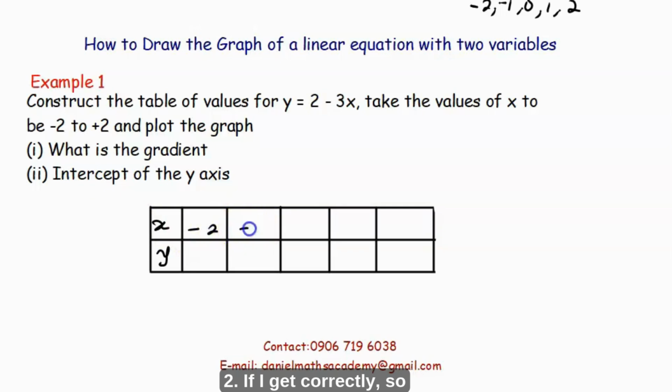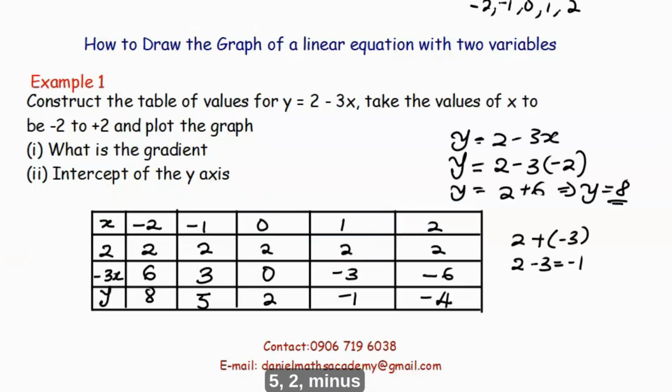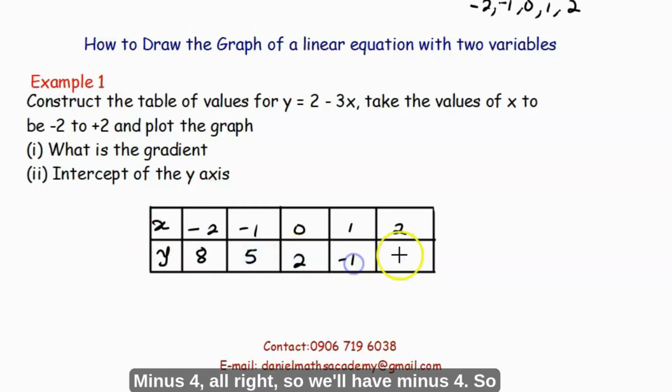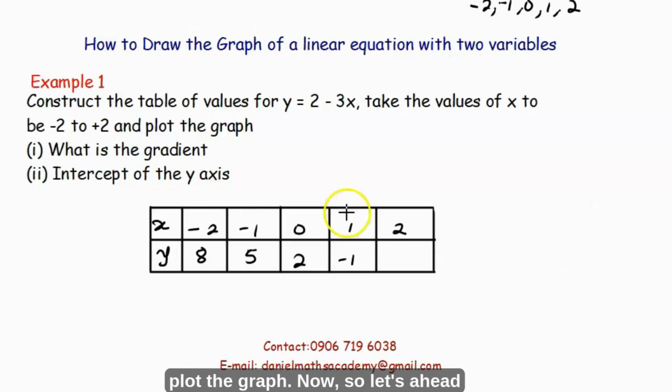And the y values will be 8, 5, 2, minus 1, and minus 4. So this is an abridged table which we're going to use to plot the graph.